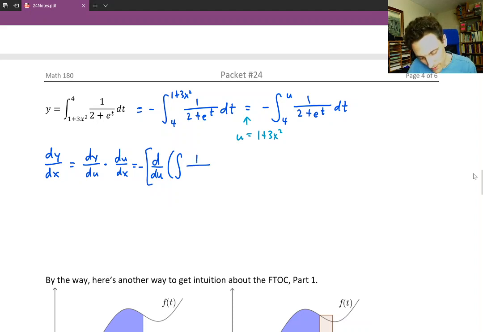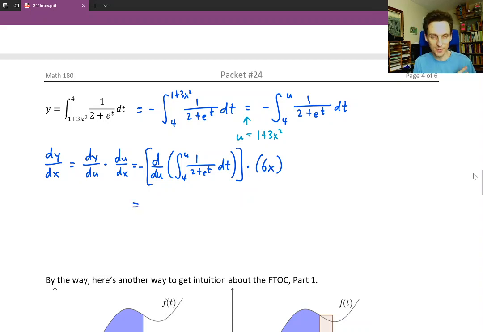And we've got d du of the integral from 4 to u of 1 over 2 plus e to the t. And then the du dx here looks like 6x. I'm going to go down. I'm scared if I go to the right, I'm going to run out of room.